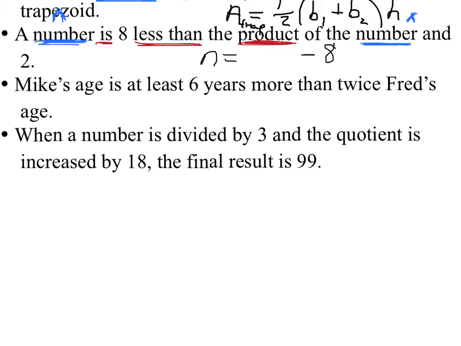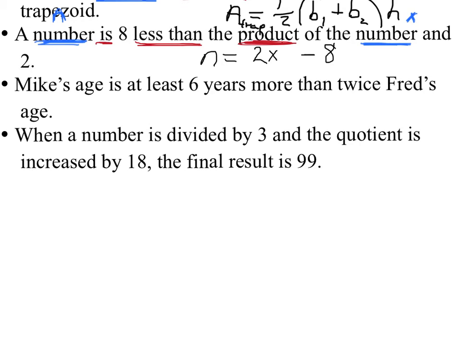Now that's n times 2. But remember we said that when you have a variable and you're timesing by a number, it's conventional to put the number first and the variable after. That way it doesn't look like x squared. Okay, so there we go. That wasn't as bad as what it sounded like.